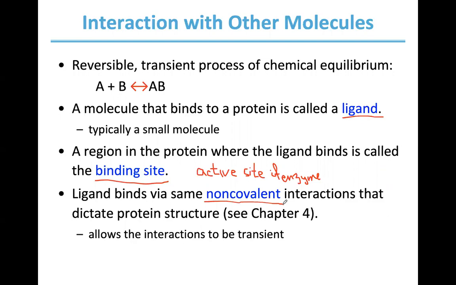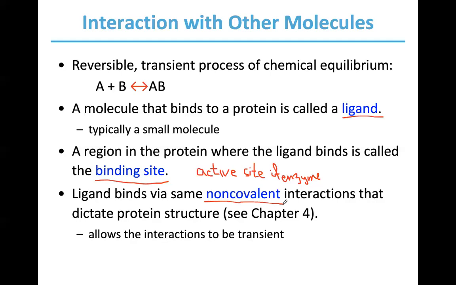So you don't want this turnover number to be 1, right? Because proteins are large molecules, they're so precious, and you don't want to kill 1 molecule of protein with 1 molecule of ligand. So you want the protein to process as many molecules as possible.